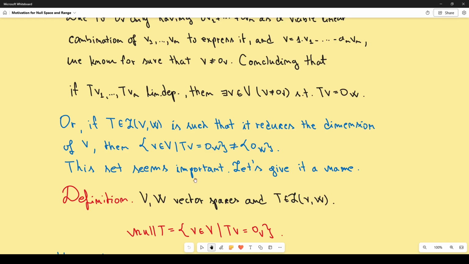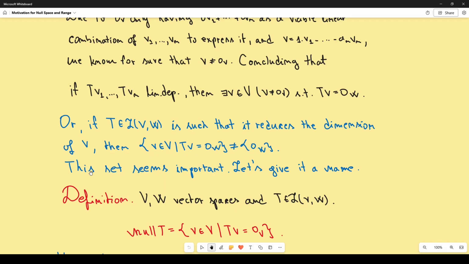So if there are some non-zero vectors in this thingy, then for sure T might be reducing. Yeah, it's a necessary condition. If T does the reduction of dimensions of V, then this thingy will definitely not be equal to just the space that only has the 0 vector. Something else will be in here.